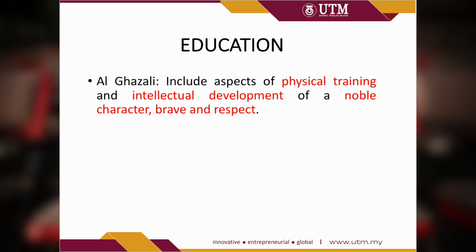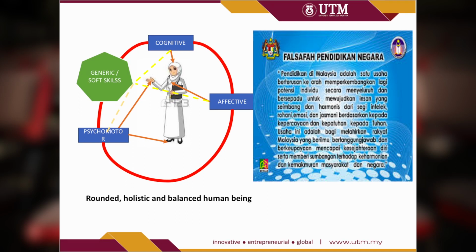The Malaysian national education philosophy is very clear in its focus to develop the potential of individuals in a holistic and integrated manner so as to produce individuals who are intellectually, spiritually, emotionally, and physically balanced and harmonious, based on a firm belief in and devotion to God.